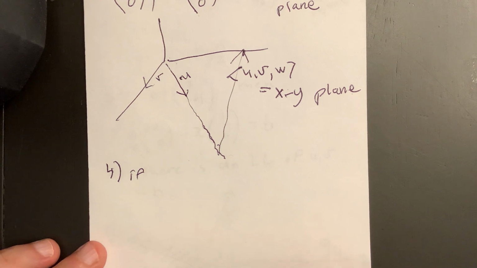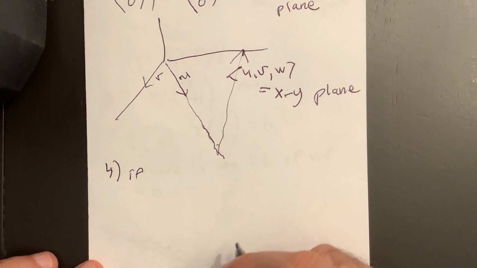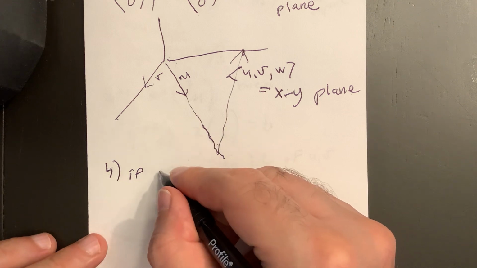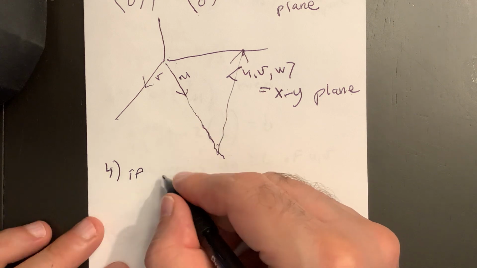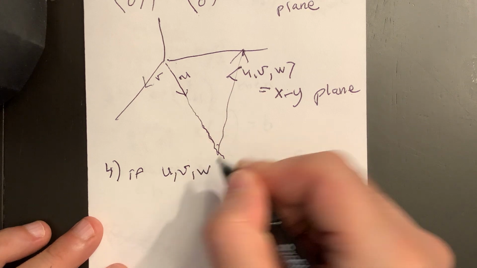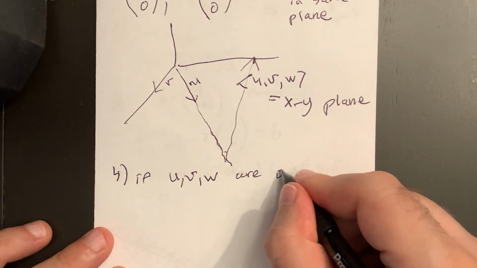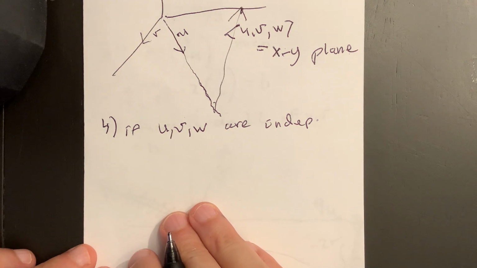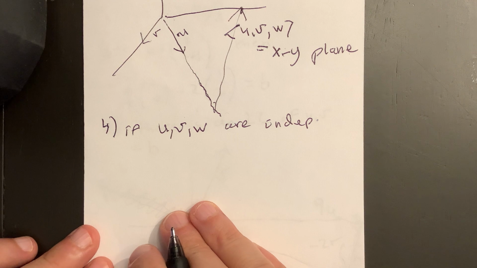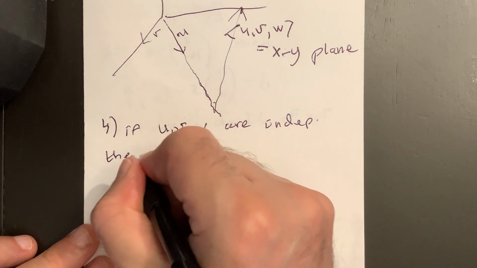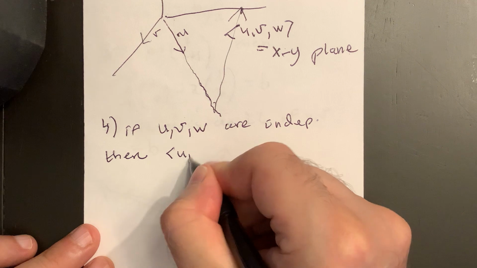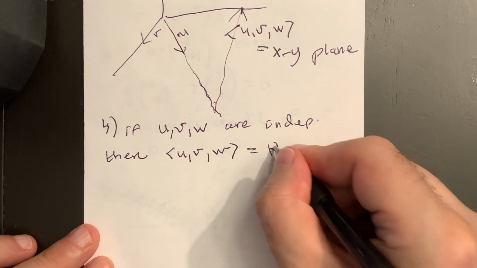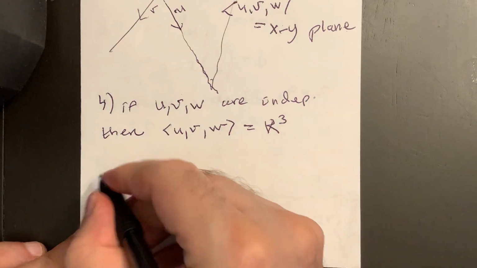So let's say if u, v, w are independent, and this means no multiples of any one or two can give me the other. I'll define this below. Then the span is the whole space.